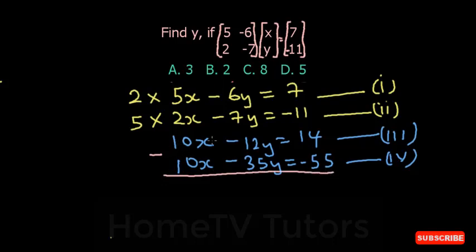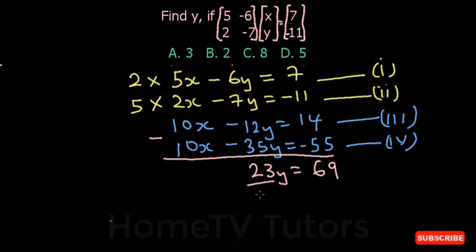10x minus 10x will give us 0, minus 12y minus minus 35y. The minus will change to plus, which will now give us 23y, equals 14 minus minus 55. The minus will change to plus, which will now give us 69.